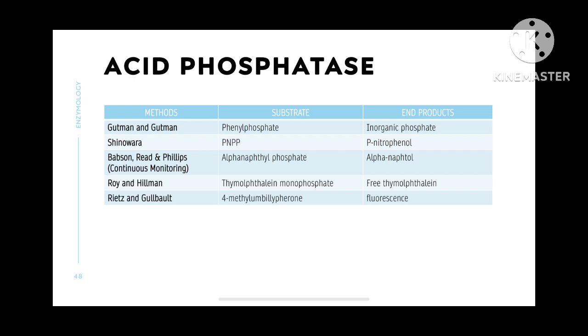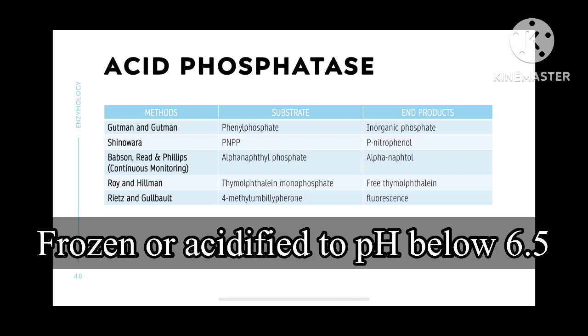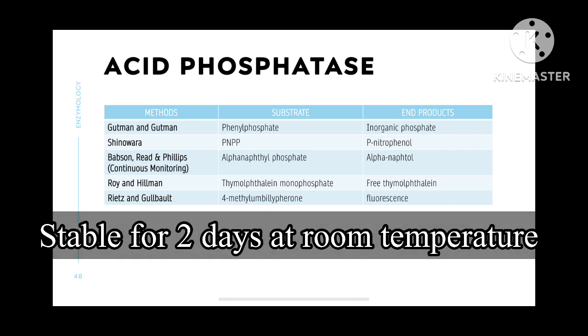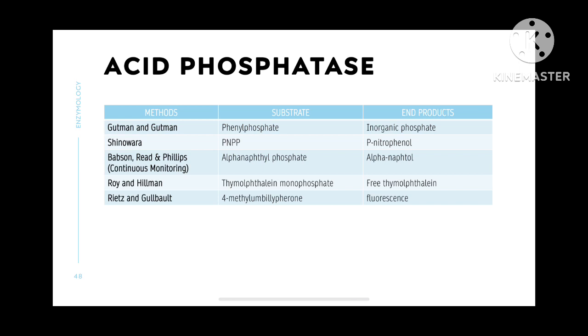Decreased activity is a result of a loss of carbon dioxide from the serum, with a resultant increase in pH. If not assayed immediately, serum should be frozen or acidified to a pH lower than 6.5. With acidification, ACP is stable for 2 days at room temperature. Hemolysis as well should be avoided because of contamination from erythrocyte acid phosphatase.